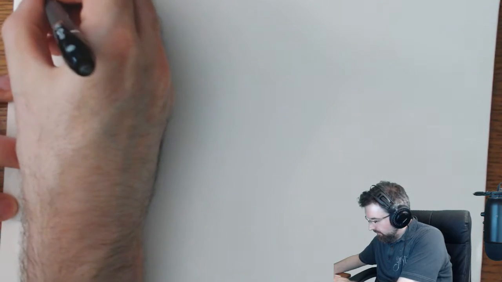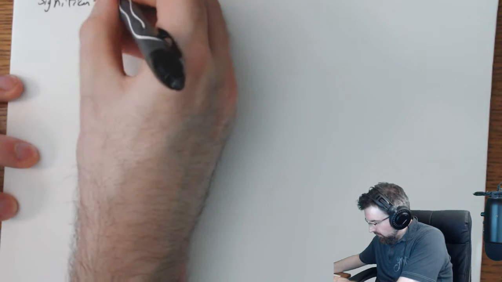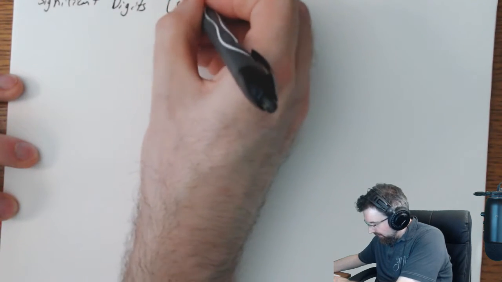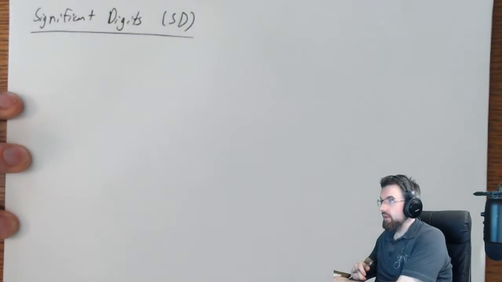Okay, well, to start off, we're going to talk about significant digits or significant figures. They mean the same thing. In my notes, I'll call these SD to save myself a little bit of time.